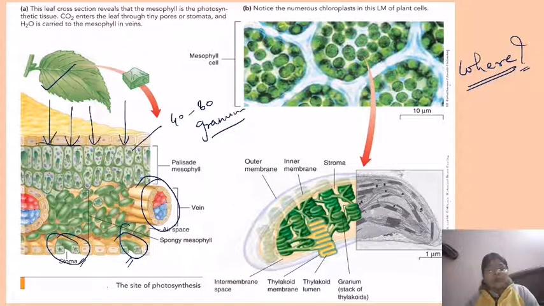Okay, so all the things which are required, like carbon dioxide, exchange of gas, water, light, and chlorophyll, everything is present in the leaf. So leaf is the best suited place for photosynthesis.